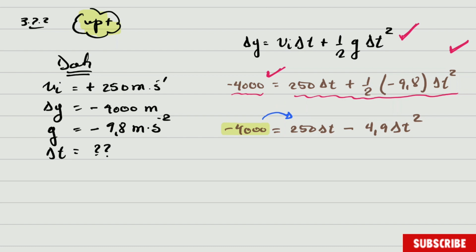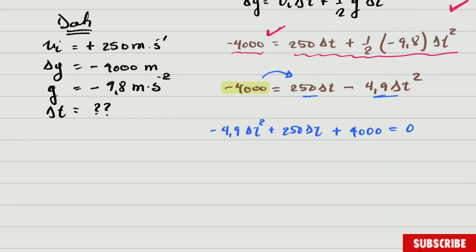So what we are going to have then here, minus 4,9 delta t squared plus 250 delta t. I have it exactly as it was before, it didn't change. The 4,000 is negative, it is going to be now positive 4,000 equal to 0.